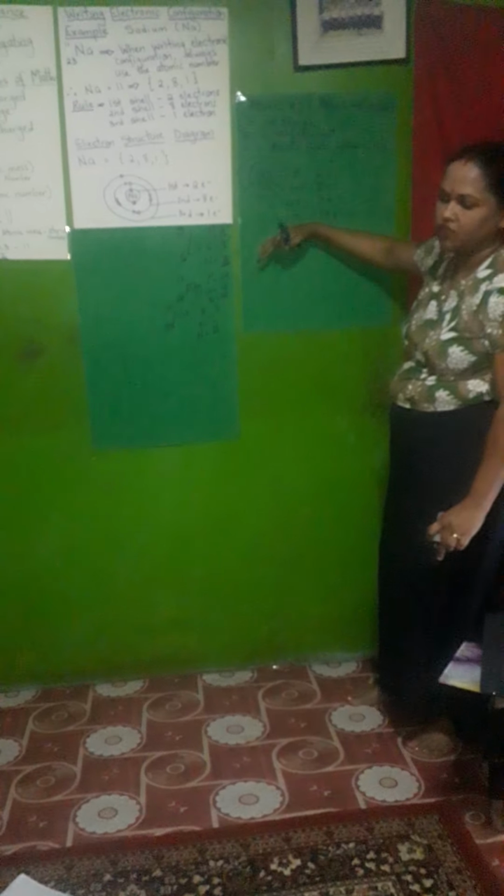Understood, Nihal? Therefore, when we write the electron configuration, we use this principle, 2, 8, 8, 18, to outline our electronic configuration.